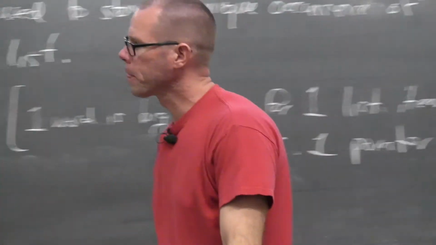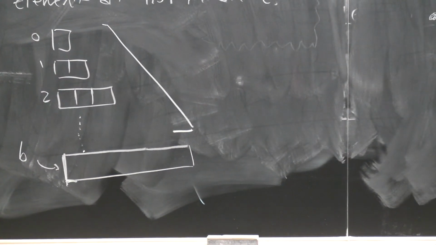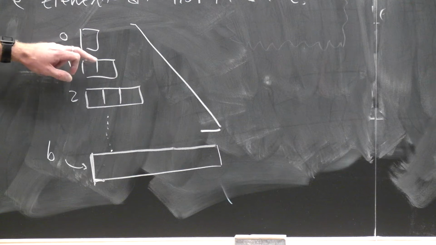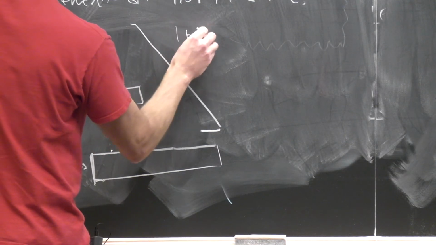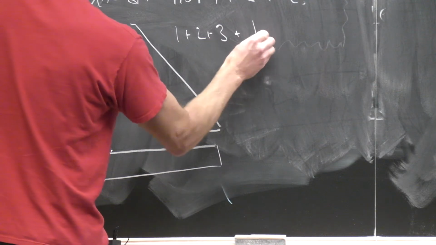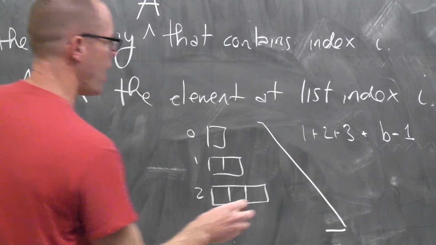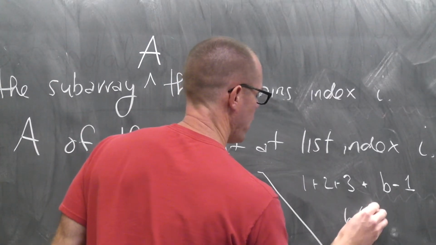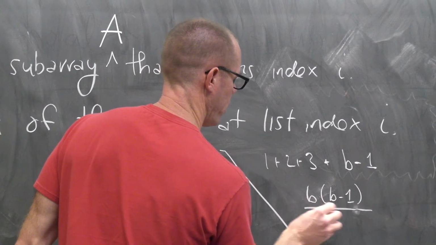Okay. So in all of these, there's 1, 2, 3, and so on. So the number of things in there is 1 plus 2 plus 3, the sum that goes up to B minus 1. And that's B times B minus 1 over 2.